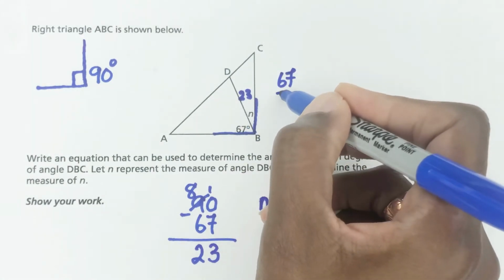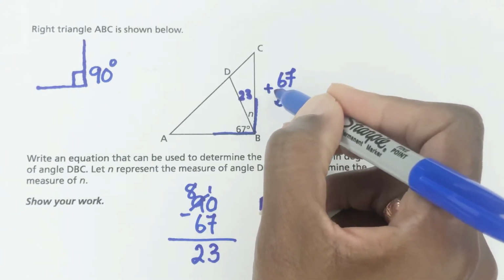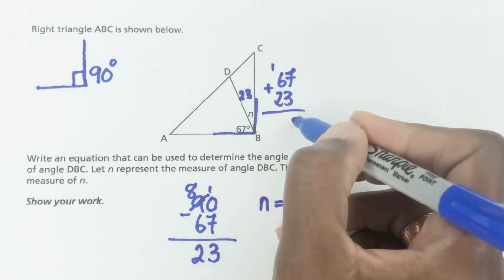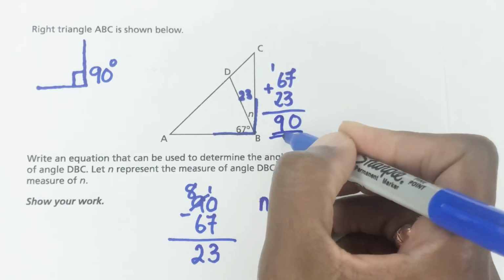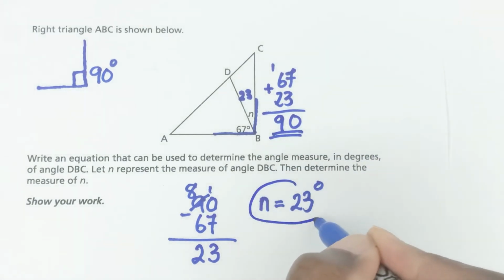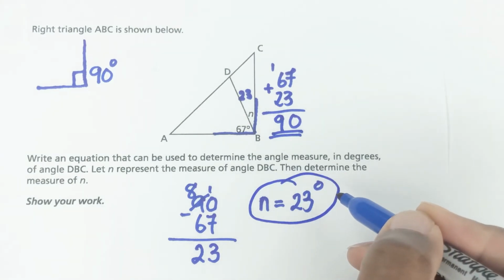So let's do that here. 7 and 3 is 10. 6 and 2 is 8, and 1 is 9. See, it takes us back to 90 degrees. So n is definitely 23 degrees.